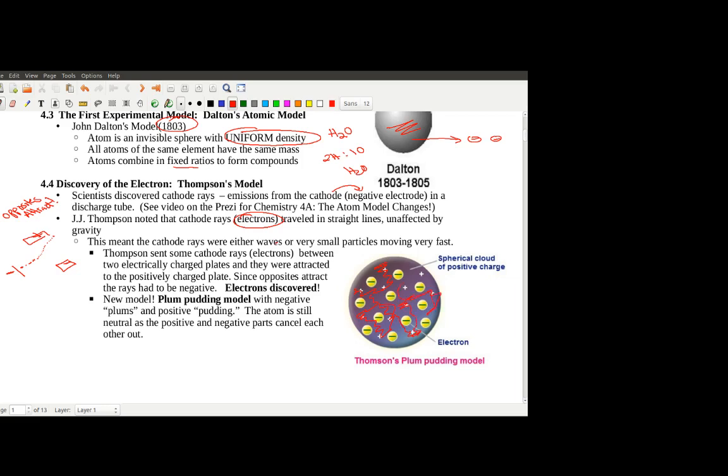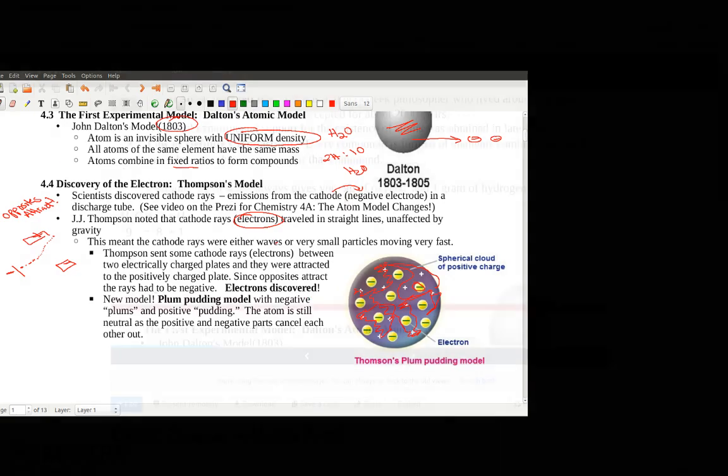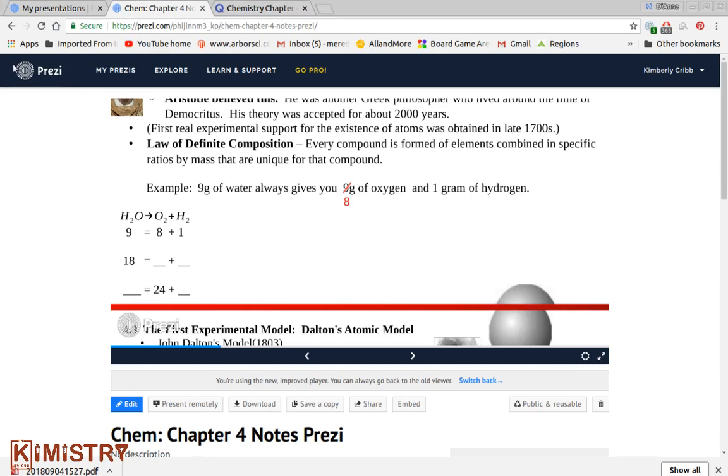All this stuff was positive, and then we had these little negative bits inside of them. It was called the plum pudding model. I call it the chocolate chip cookie model, but plum pudding model is the one that you need to remember. I'm going to go now back to the Prezi and show you a video about how he discovered this. So let me get to that.